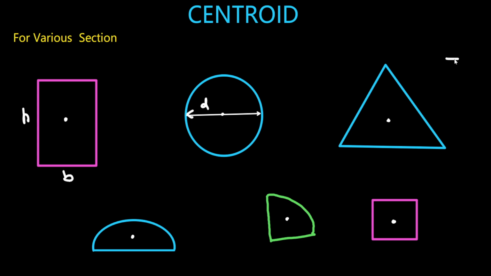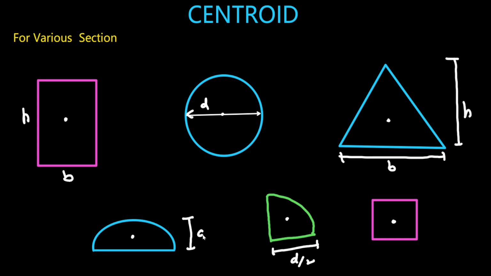Here the height of this triangle is h, the base is b. Again here is d, here is d by 2. The height of this half circle is d by 2. Here is the total d.